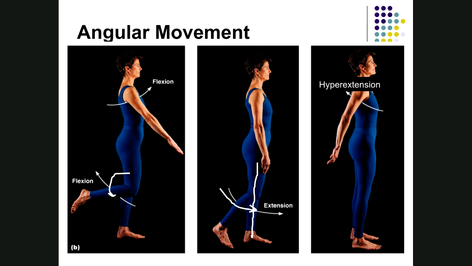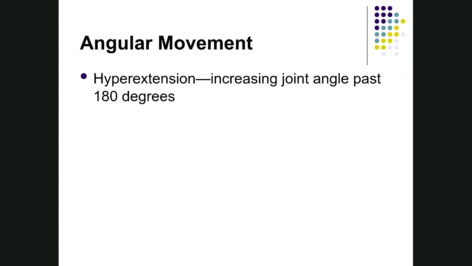That is extension. When I bring my arm back to this position like this, that is extension. Remember, that's only up to 180 degrees. If you go past 180 degrees, it's called hyperextension.